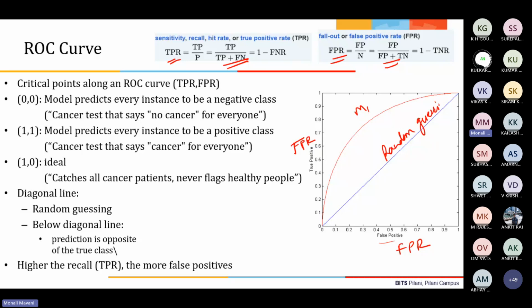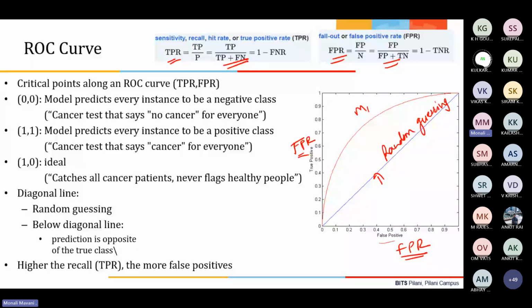Without any machine learning, you're randomly predicting the class of your data set. We say 50% of the time you are correct, and 50% of the time your guess is wrong. Based on that, when we calculate FPR and TPR, you will get this blue curve. Use an Excel sheet, take some dummy example, and draw TPR and FPR. This is what you will get.